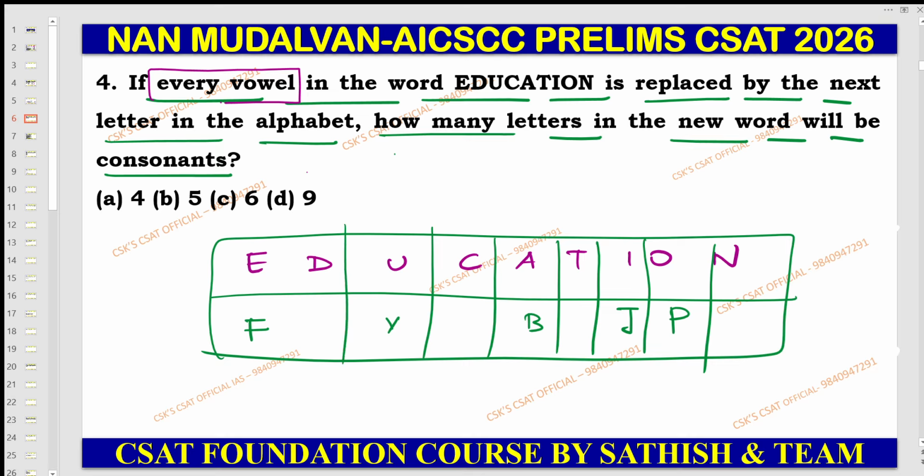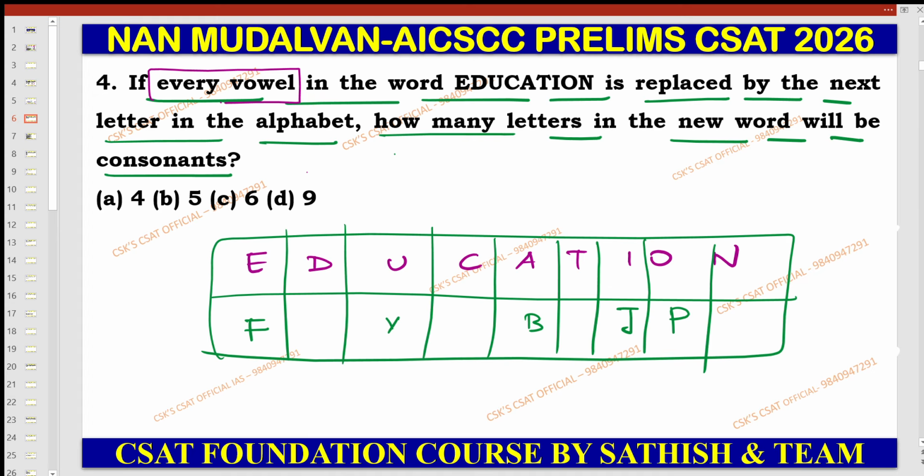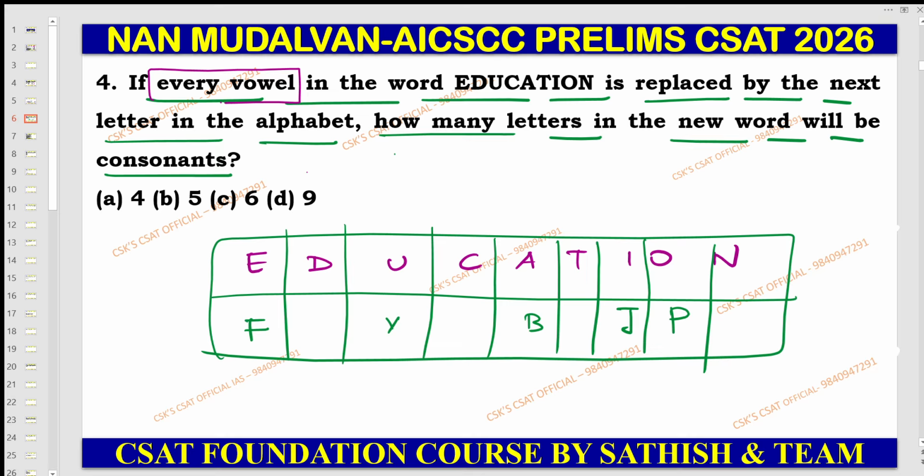After the replacement, D remains a D only, C remains a C only, T remains a T, N remains N. So this is the old word and this is the new word. How many letters in the new word become consonants? 9. Understood? Nine remain consonants.